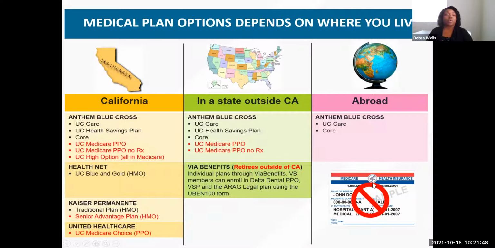So UC won't require that you enroll in Medicare. Just keep in mind, if you return, you may have a penalty. If you're retired and living abroad, you have two plans to choose from. There's no Medicare plans listed because Medicare doesn't cover any services. So you have UC Care or Core to choose from.